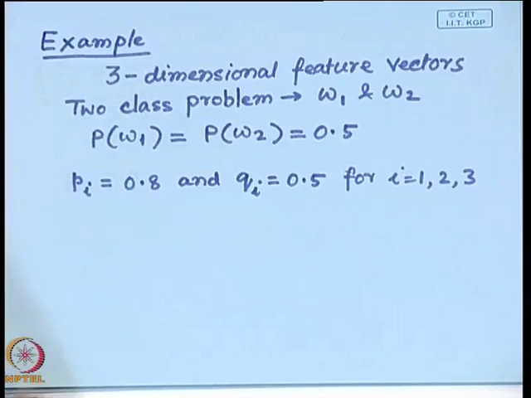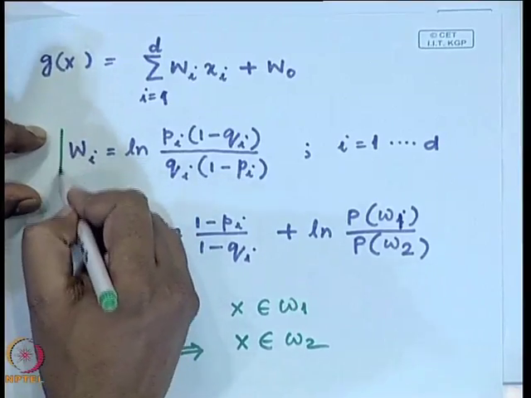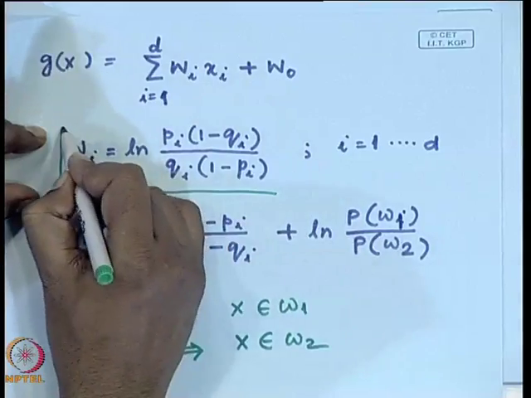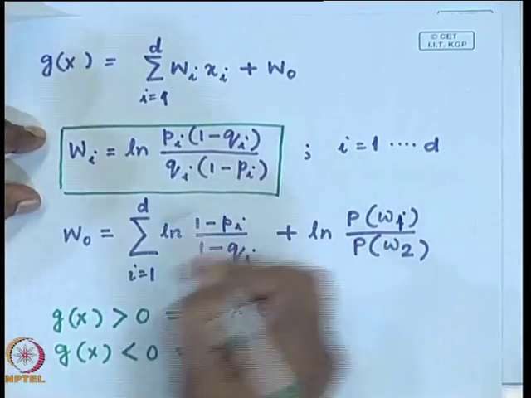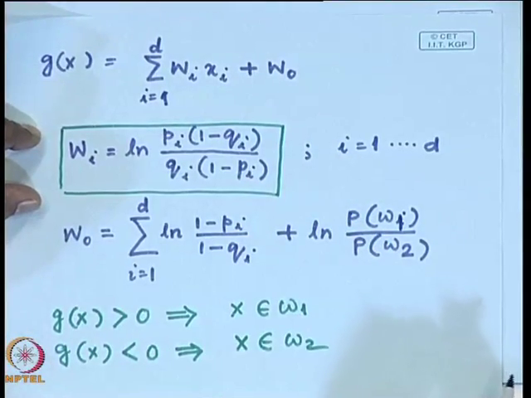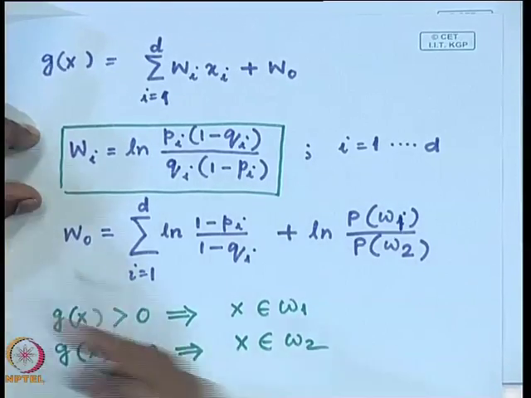So, given these p I and q I values or probability values, I can compute the corresponding weight vectors. Okay. So, simply from this expression that W I is equal to log of p I into 1 minus q I upon q I into 1 minus p I. Okay.